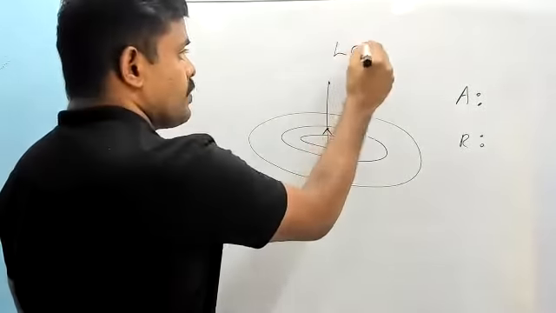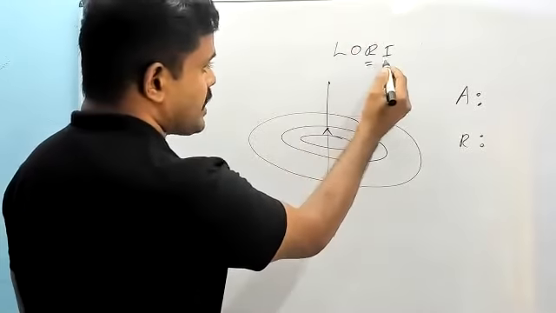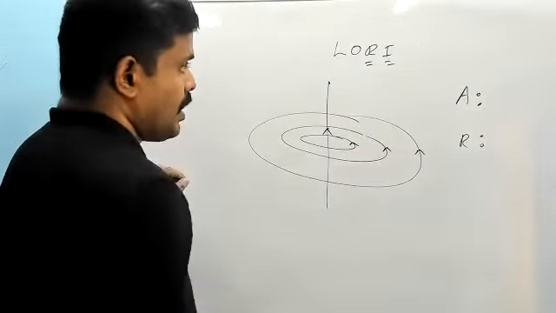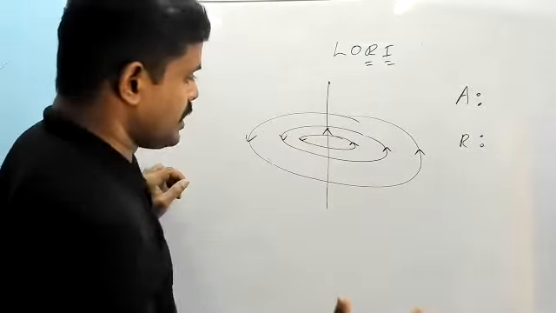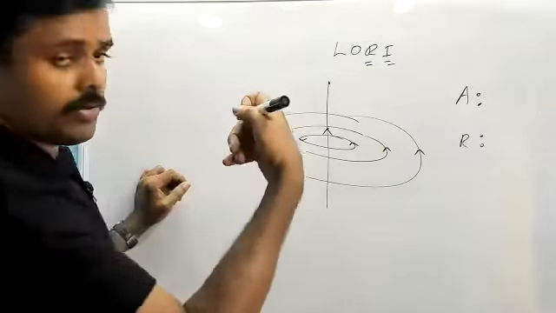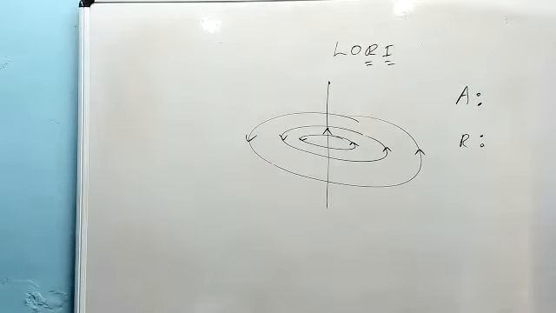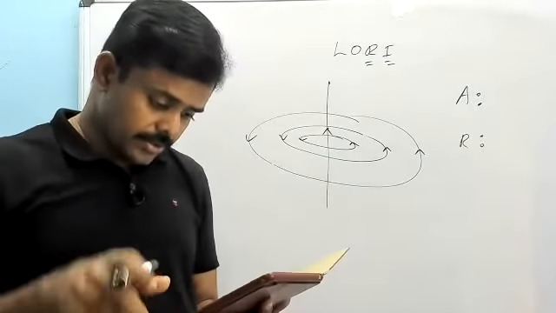I even told you one shortcut, LORI. If you walk along this current, on your right side, field is inward. On your left side, the field is outward. So they are in concentric circles. So statement 1 is correct. Assertion is correct. Let us check the reason now.